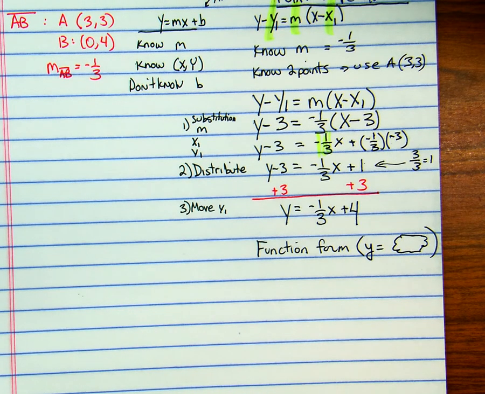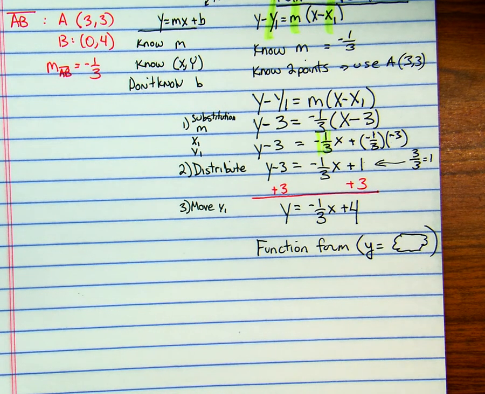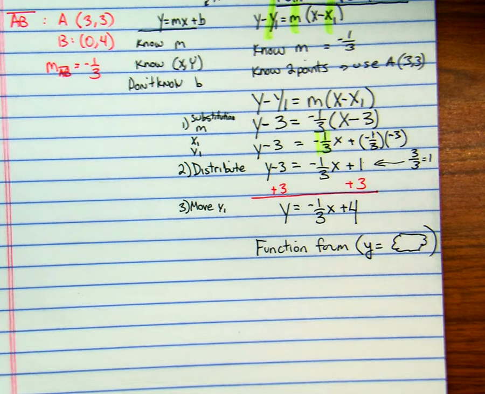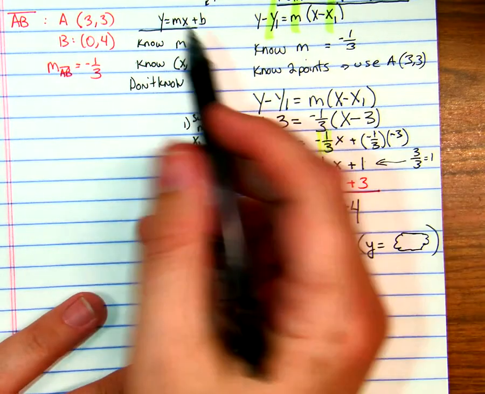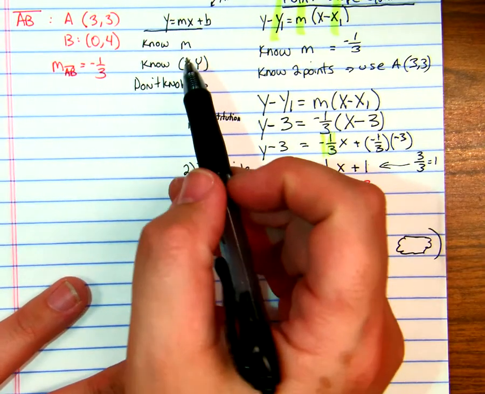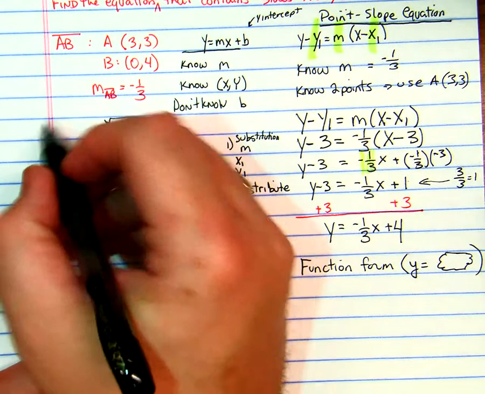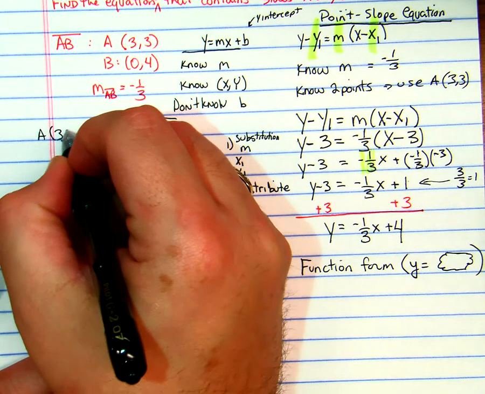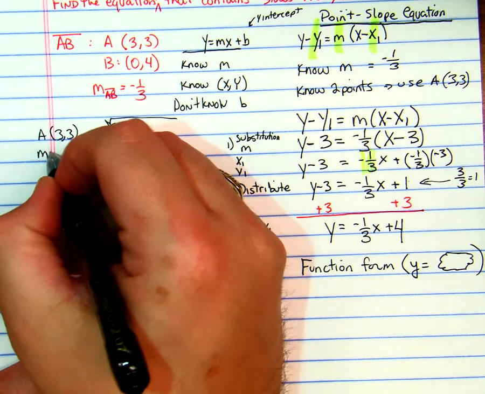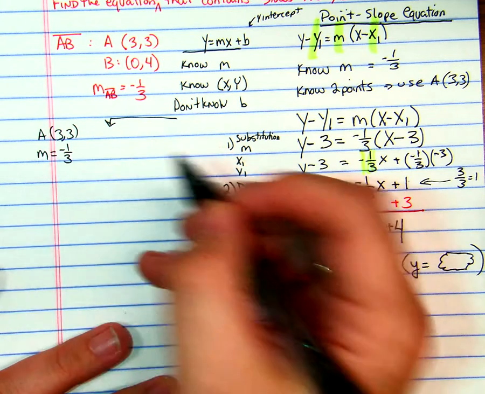Instead of doing all that, really just plug in the slope. Well, the thing is, we didn't know b. So if we went through and said, all right, why don't we take this guy and try to use A again at 3, 3, and use m equal to negative 1/3, use y equals mx plus b.